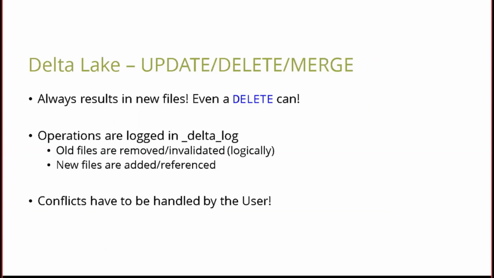That's also the key takeaway: every statement that you execute, especially update, delete, merge, can potentially result in new files being written. This can create a lot of files, consume a lot of storage, and can be quite expensive.